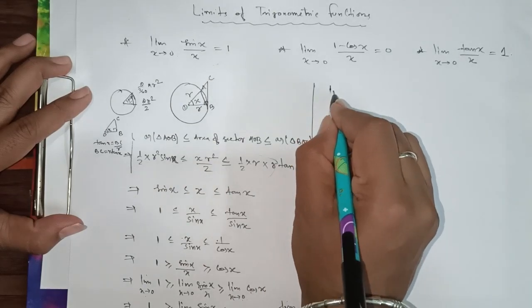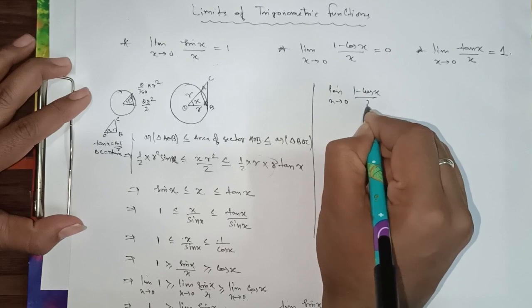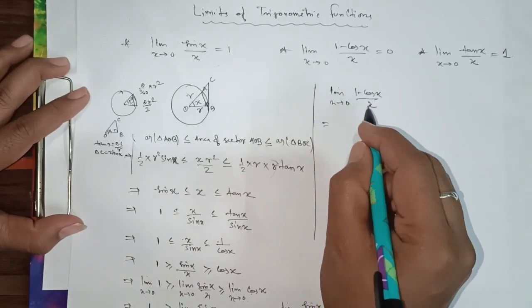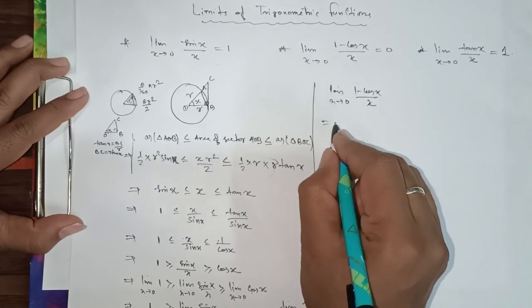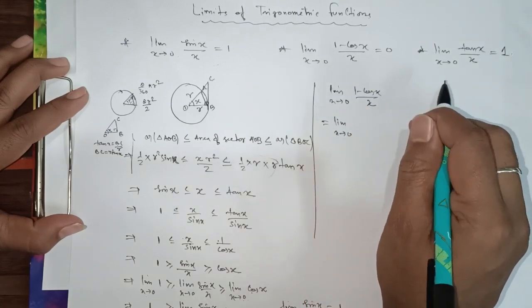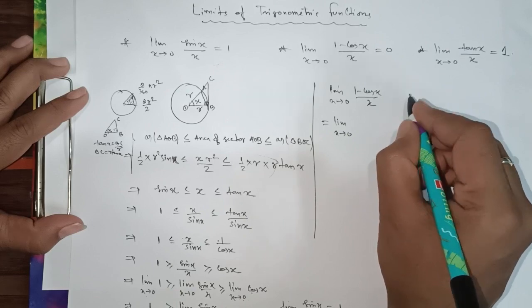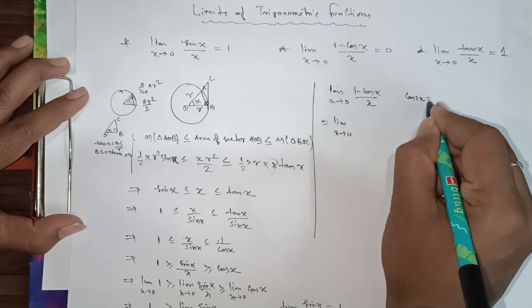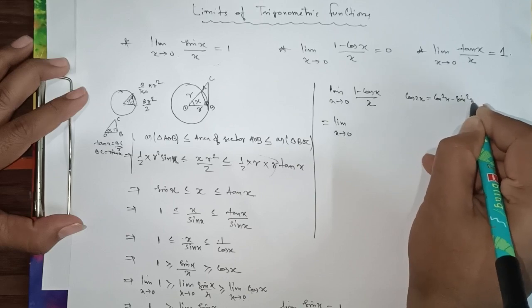Second one, if I take limit x tends to 0, (1 minus cos x) by x. We know that 1 minus cos x can be written as what? I hope you remember one formula: cos 2x equals cos square x minus sin square x.